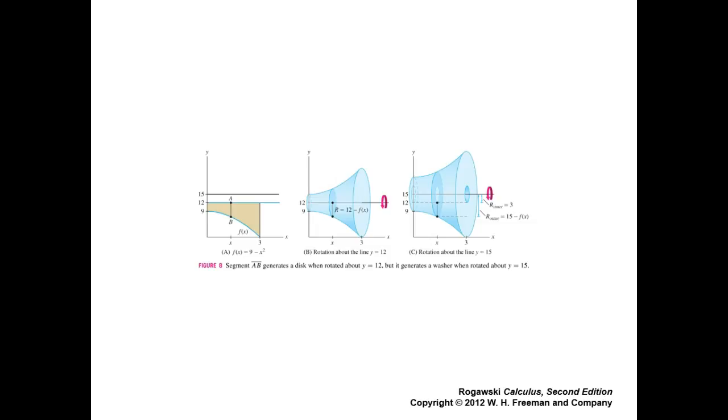Okay? So what we've got is the area, and this is a disk, and you're doing a dx here. So the x is going from 0 to 3, because they told you that. Pi is out front.